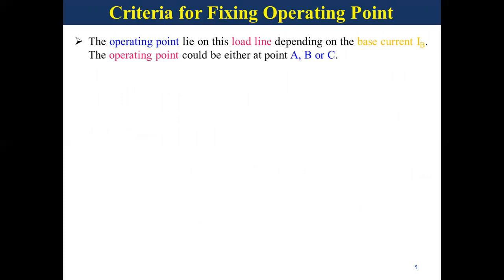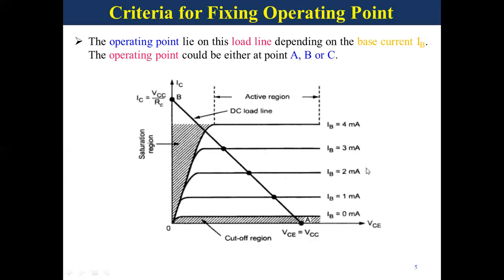Here I am assuming the operating point at 3 different locations, that is, point A, B or C, and out of these 3 points, I am trying to find the best operating point location. This diagram represents the output characteristics of the transistor with the DC load line. So our operating point must always lie on the DC load line.